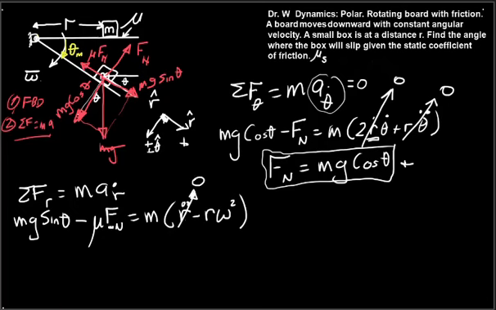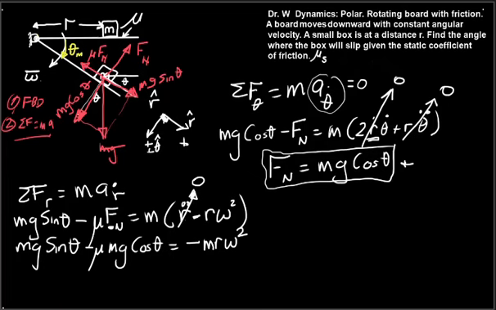We know F_N, and we'll get mg sine theta minus mu mg cos theta is minus m r omega squared. We can divide through by m, and we could divide g through as well. Interestingly, this is a_c over g, an acceleration ratio.